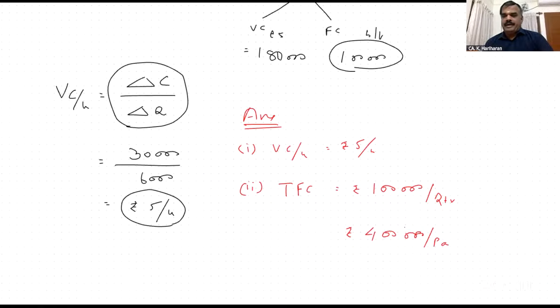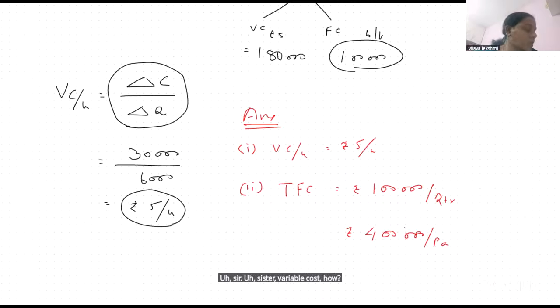If you have any doubt, you can ask. Sir, how can we get the first variable cost, sir? 3,26,612.